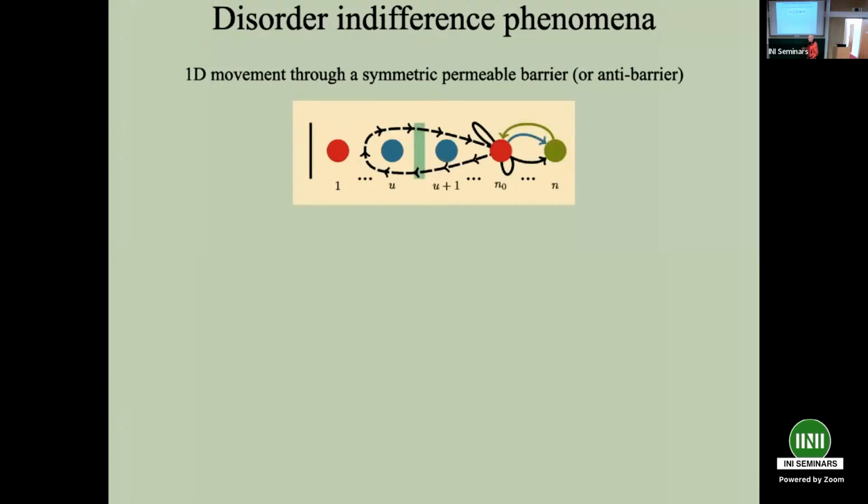Oh, I should tell you: none. If the side here is to the right and the barrier is here, the mean first passage is the same as without the barrier.